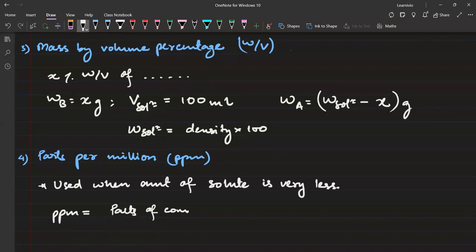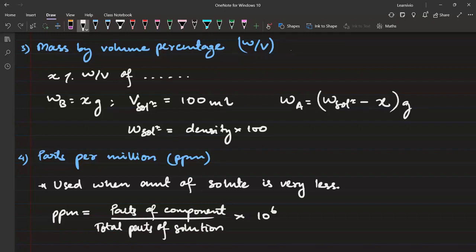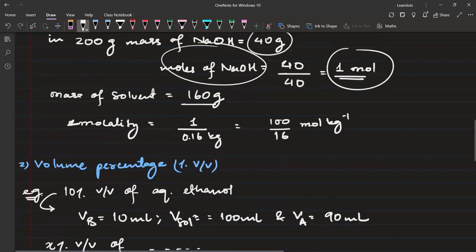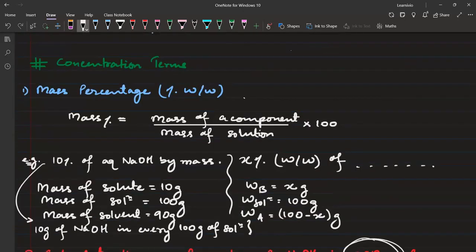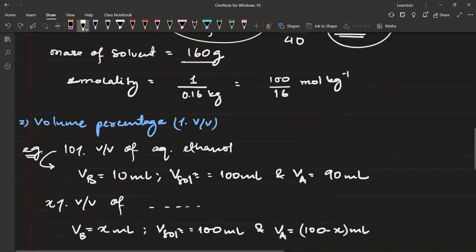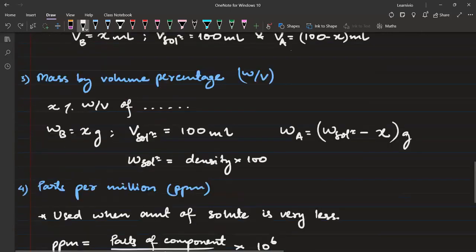Parts of component divided by total parts of solution multiplied by 10 to the power 6. Okay, so it is very similar to the mass percentage also. In mass percentage, you had the mass of component divided by mass of solution into 100, because it was percent. Now we are having per million. That is why we are multiplying it by 10 to the power 6.